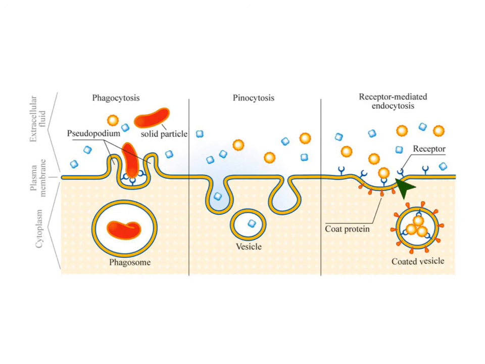When they do that, it causes a pinching off of the cell membrane. In this case, these particular molecules that the cell is taking in are binding to these, they're called receptor proteins, and then the vesicle pinches off, and then the cell's taken in these molecules, these particles that it wanted.